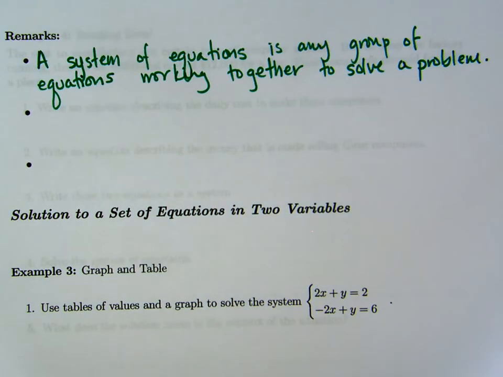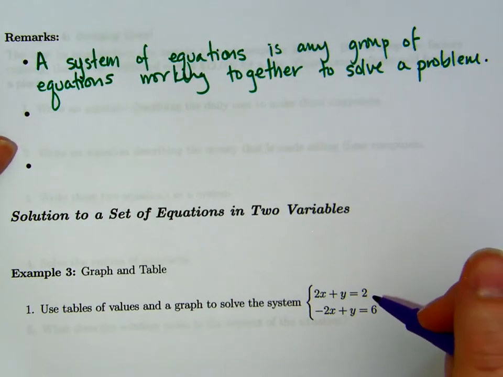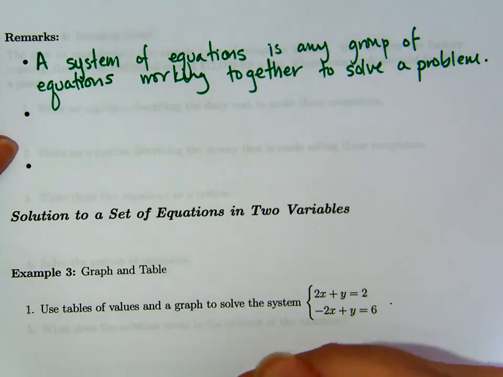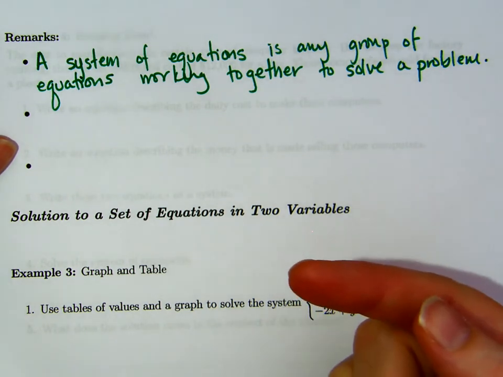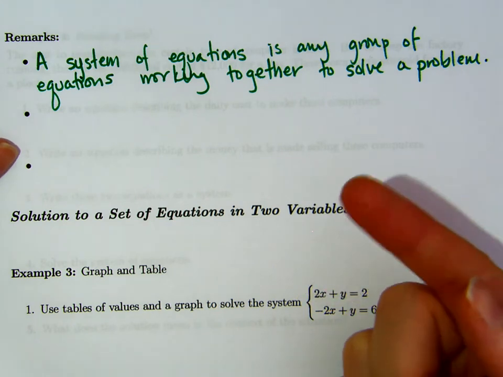Okay, and then my next remark, or something that's remarkable about systems, is a solution to a system can be found by making a table and seeing where they match. We actually just did that.